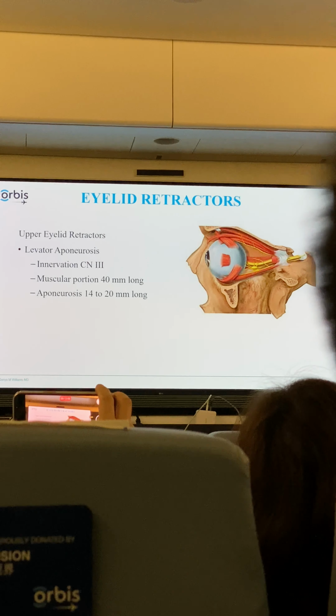The muscular portion is about 40 millimeters long, and the aponeurotic portion, 15 to 20 millimeters.